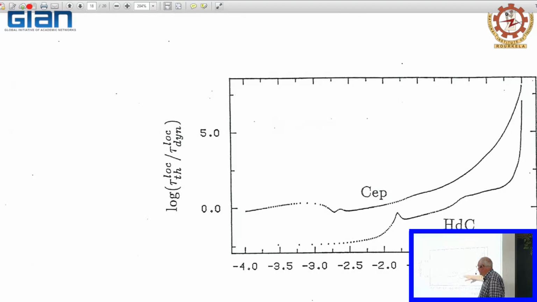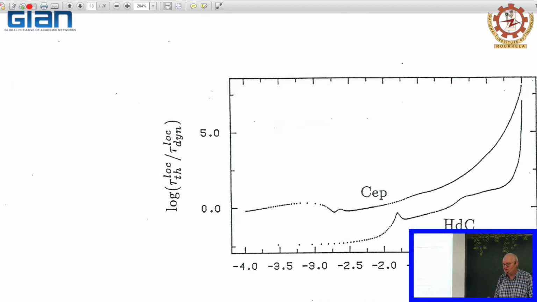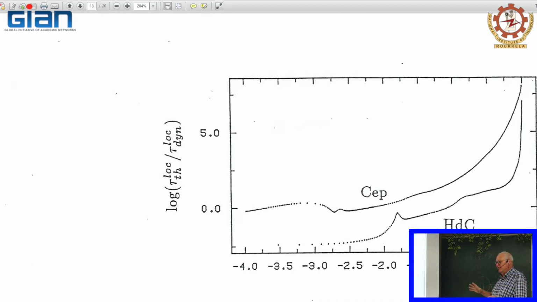So not for this one. And here the region is much smaller where non-adiabaticity needs to be taken into account. This is for the hydrogen-deficient carbon star. It seems to be further off the adiabatic limit than the Cepheids.